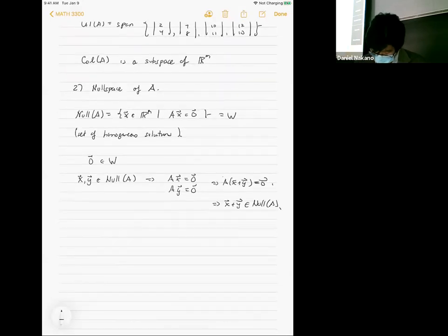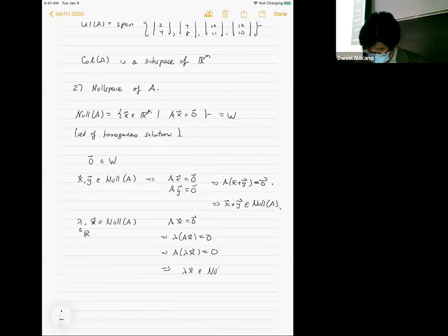And finally, if I take lambda, a real number, and an X inside the null space, then AX is equal to 0, which implies lambda times AX is 0. I can move the lambda all the way through, so A times lambda X has to be 0, and that means lambda times X is in the null space. So this is property 1, property 2, property 3.